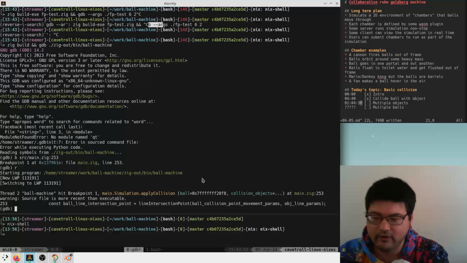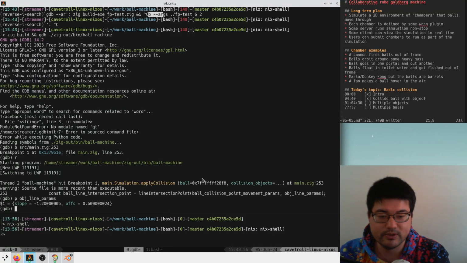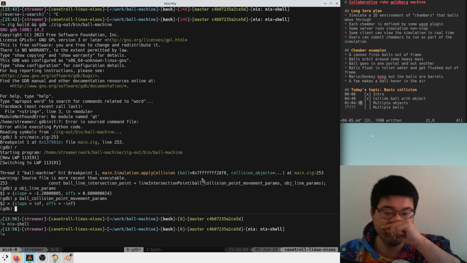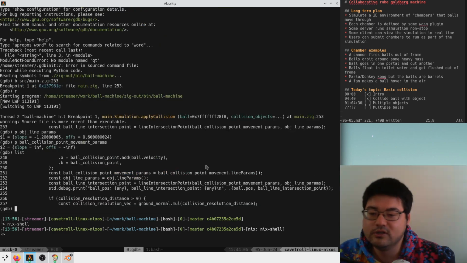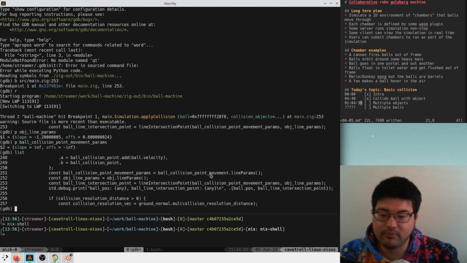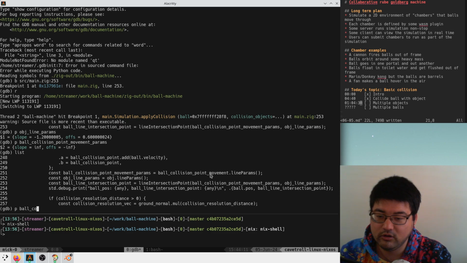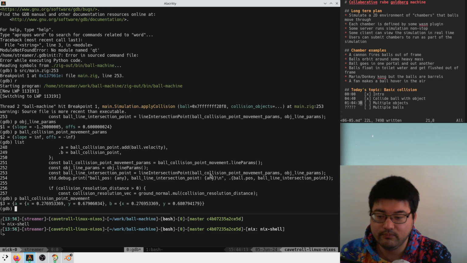Break here, run. So can we look at the obj line params? Slope is negative 1.2. That makes sense. Ball collision point movement params. This is just wrong. Okay. So where does this come from? This comes from the line params, P ball collision point movement.